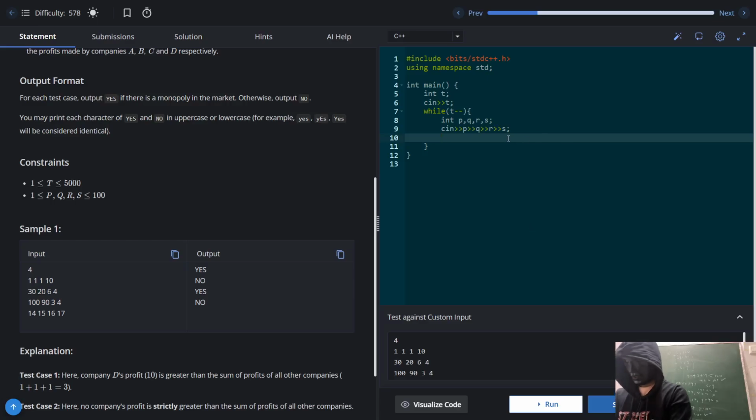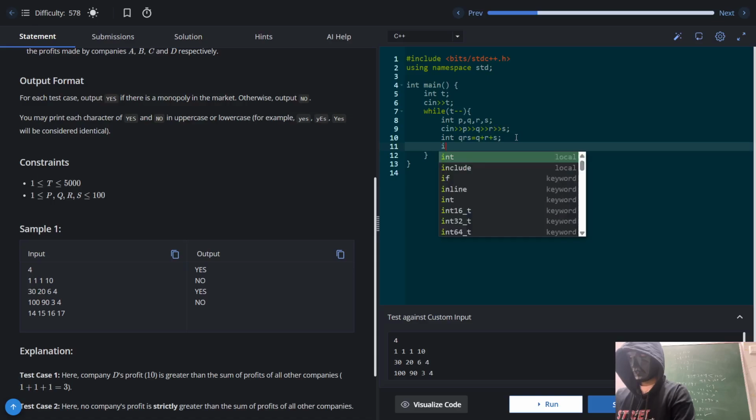So we'll have to take an integer, let's say QRS, basically the sum of Q, R, S. This will be Q plus R plus S. We'll take all the 4 sums.